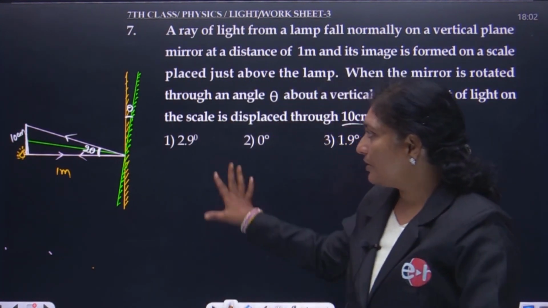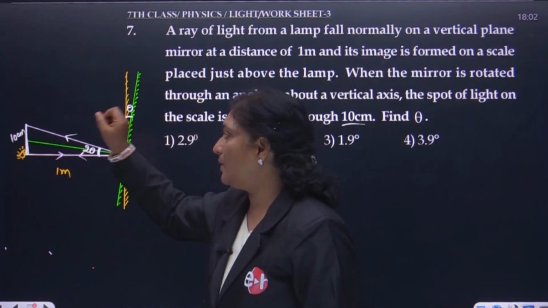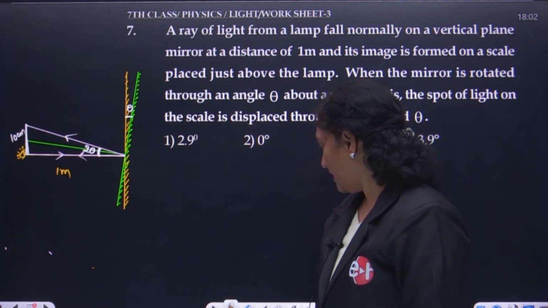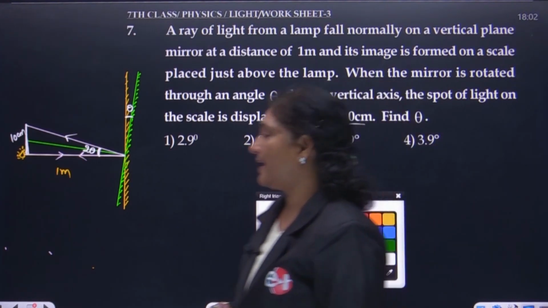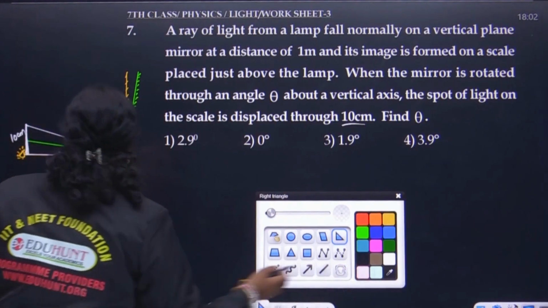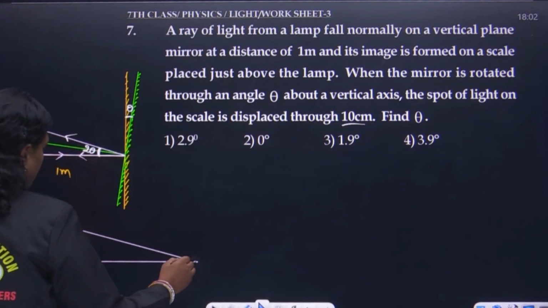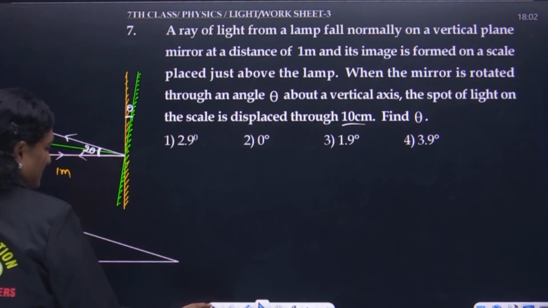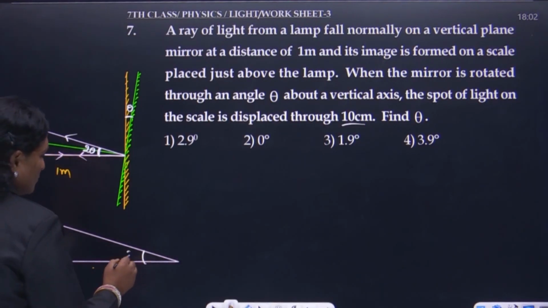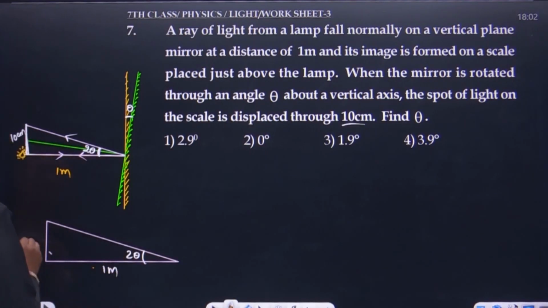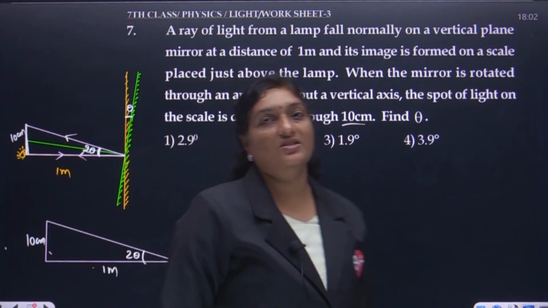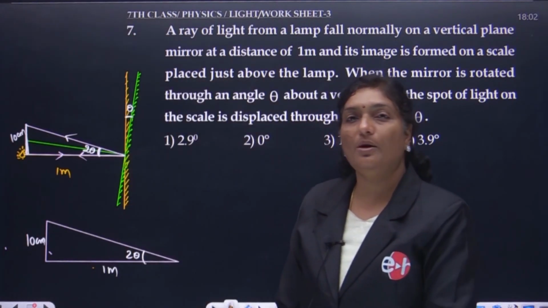So, what you can observe is a right angle triangle in the figure. Focusing on that right angle triangle, something like this, the angle here was given as 2 theta. This distance was given as 1 meter and this distance was given as 10 centimeters. In a right angle triangle, we can see 2 sides and 1 angle are known: the opposite side as well as the adjacent side. When the opposite side and adjacent side are known, which trigonometric function do you take, children?